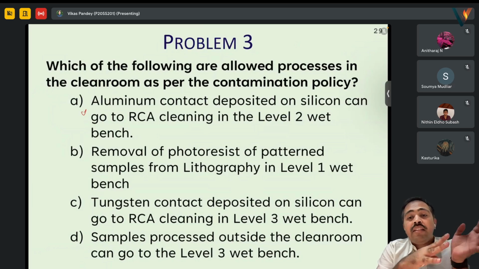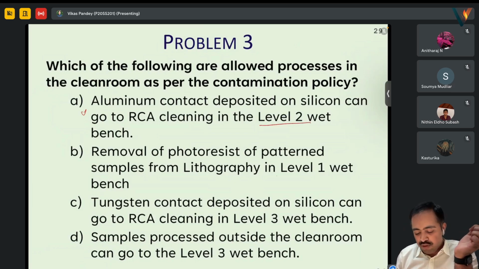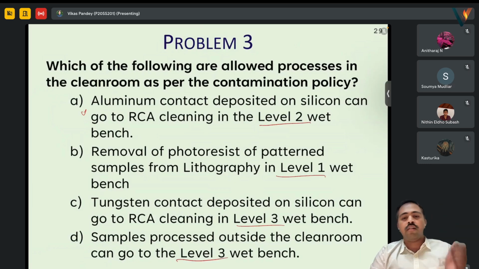This is to be done in level 1 wet bench. Is it allowed? Are you understanding these levels, level 1, level 2, level 3? Would anyone like to answer which of these are allowed?